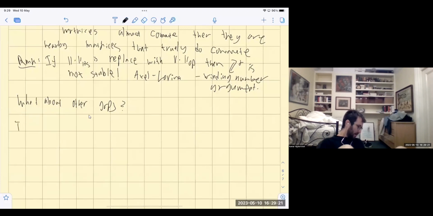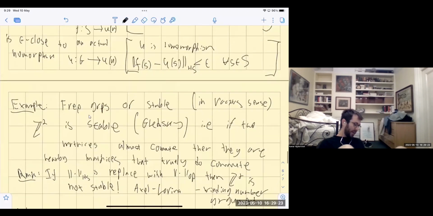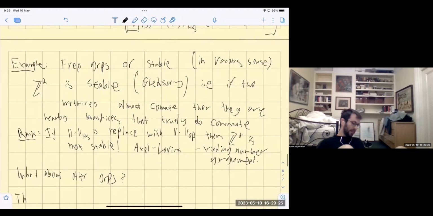But there's a nice theory. Like I said, free groups are stable. More generally, abelian groups, so Z^2 and more generally abelian groups, are stable.